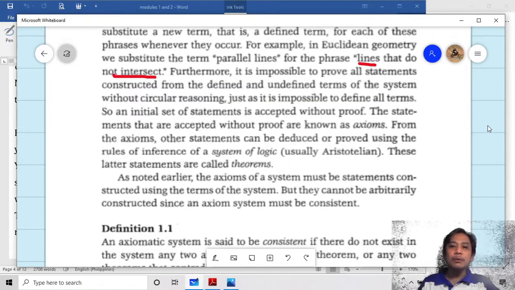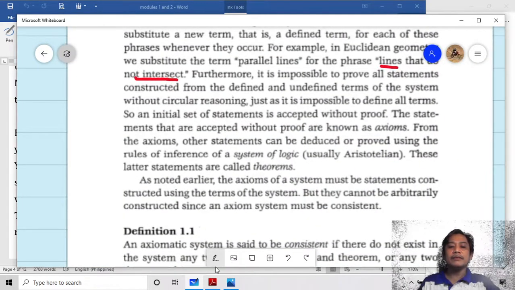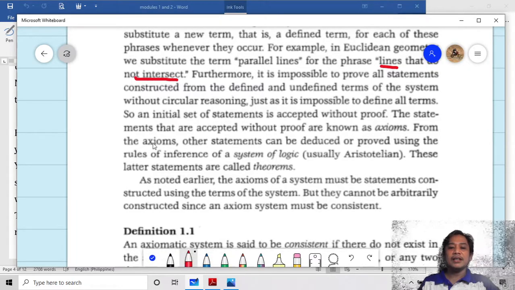And then if we are able to prove that such observations are true, it rises up to the next level and is called a theorem. But in proving such conjectures or observations are true, we make use of what we call the rules of inference of the system of logic. Okay, here, rules of inference of a system of logic. We call it Aristotelian. So, once these conjectures are proven to be true, then they are called theorems.